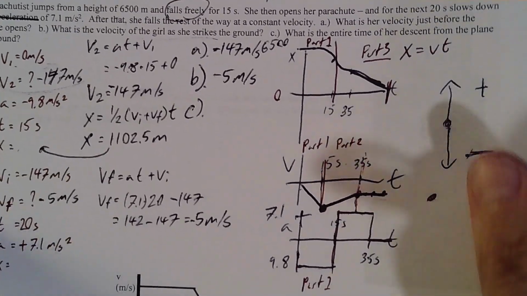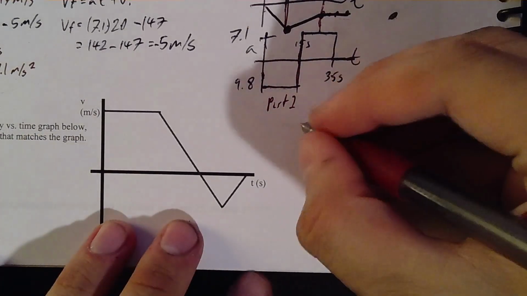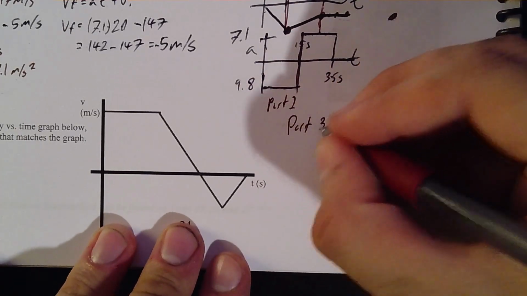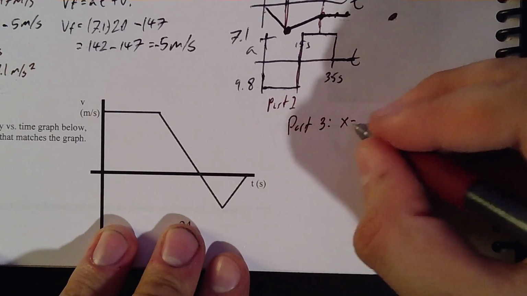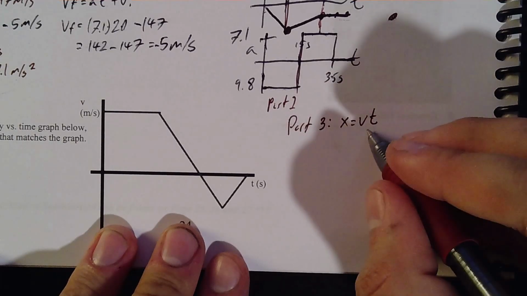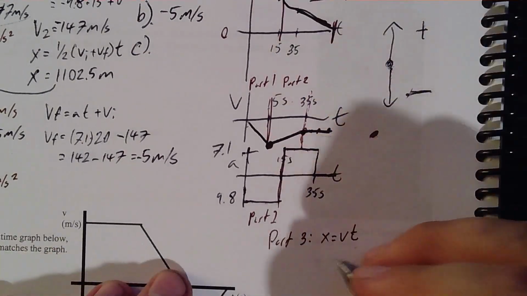So we could scroll down here even, part 3. In part 3, our equation is x equals vt. We know our velocity. We know how fast she's moving along this track. We just calculated it.